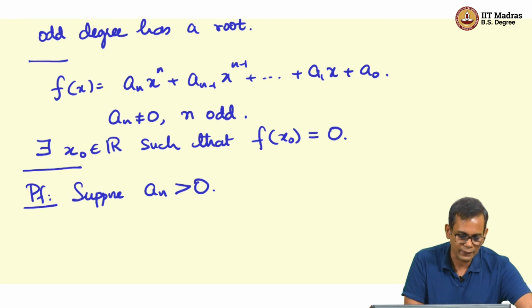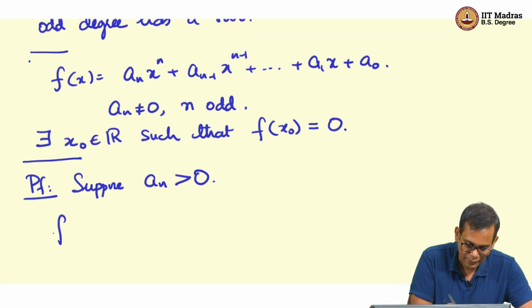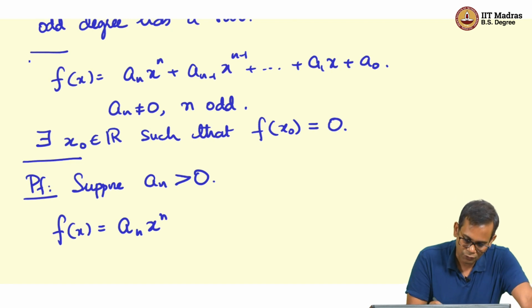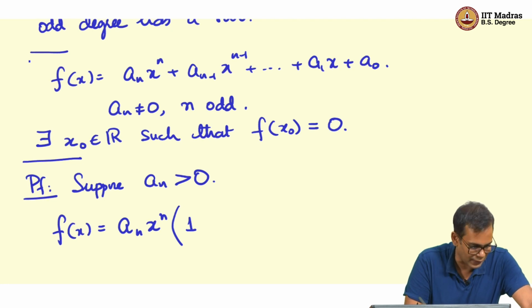Okay, I will write this polynomial somewhat cleverly in the following form. f of x can be written as a_n times x^n. Now, this for large n will be the biggest contributor to the value of the polynomial, and the rest I will write like this. So, I am taking this a_n x^n out.